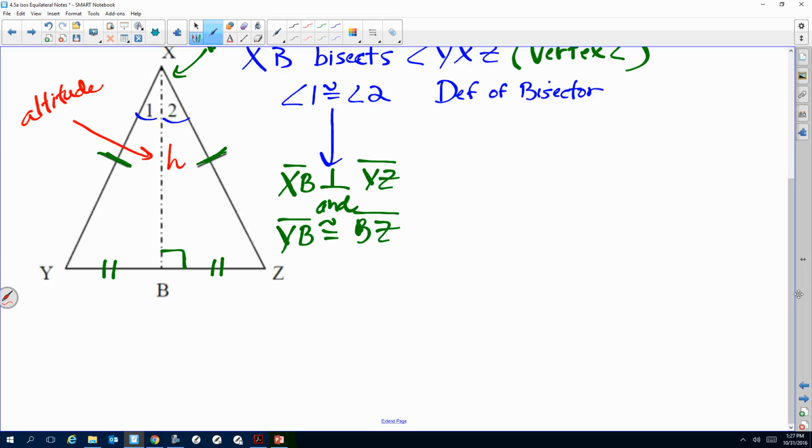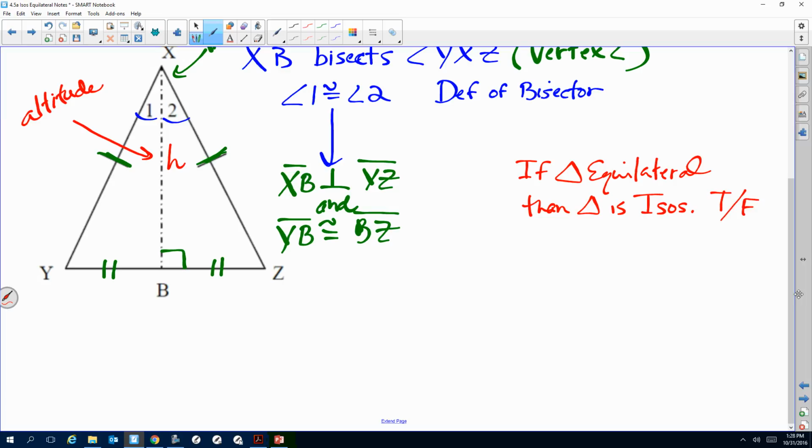Because my question to you, I should do this right. If a triangle is equilateral, then the triangle is isosceles. True or false?